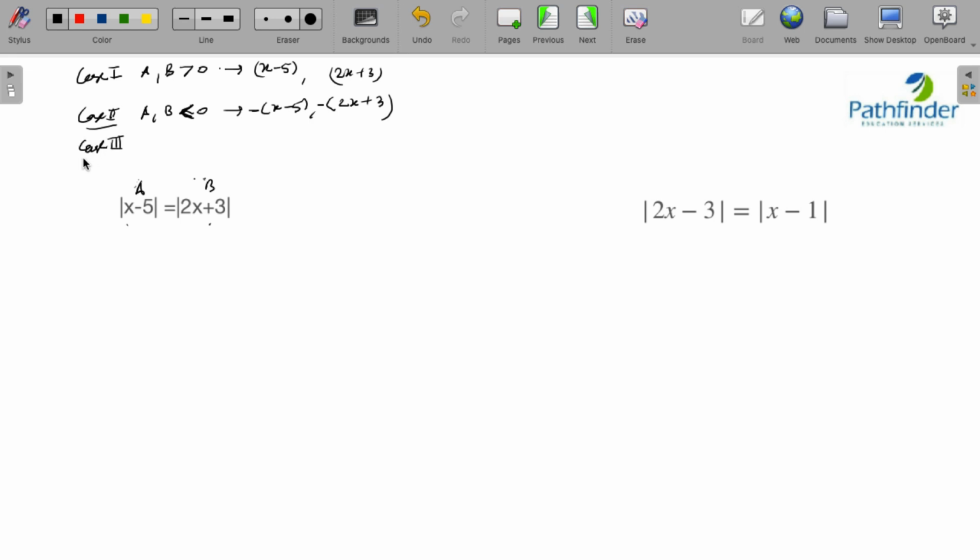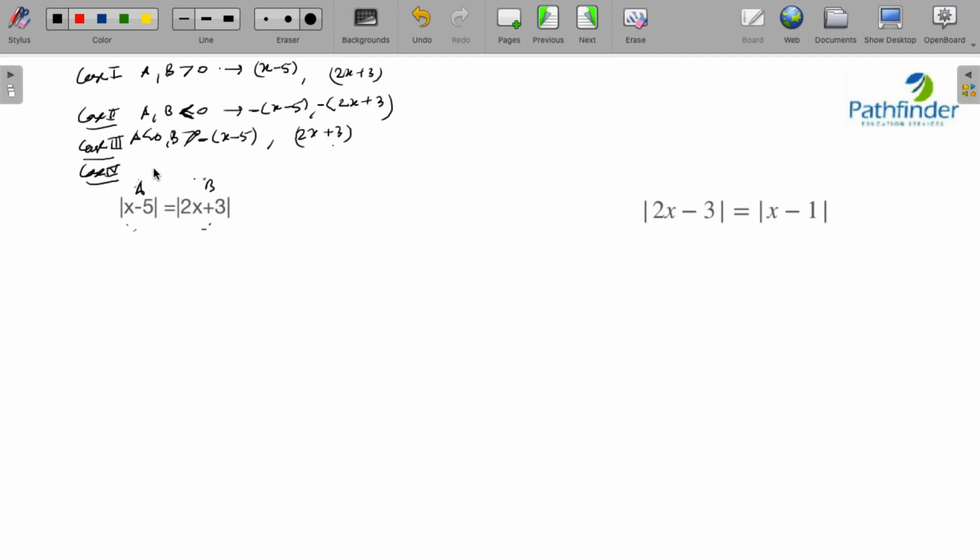Case 3. a is less than 0 but b is more than 0. If a is less than 0, I will simply have minus x minus 5, but b I will open as it is, 2x plus 3.